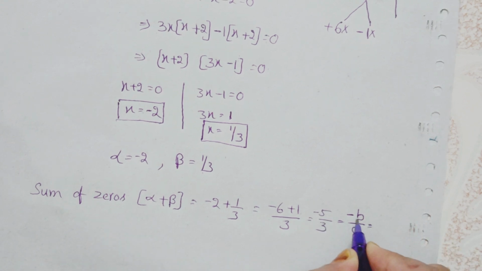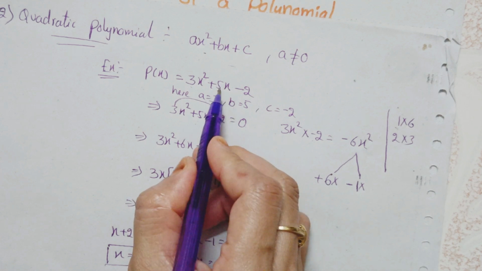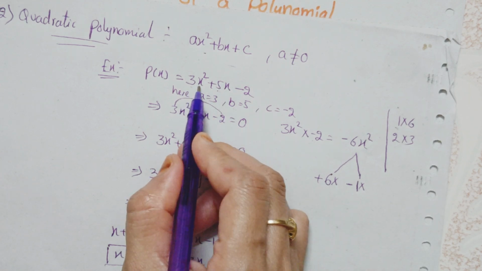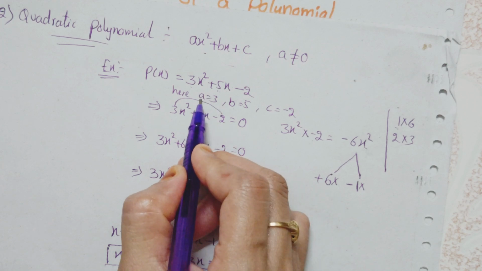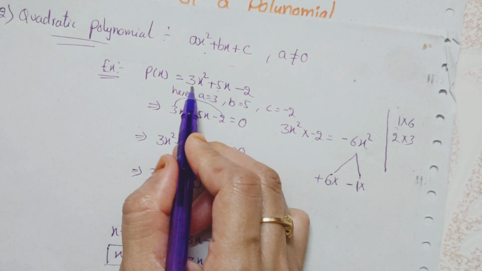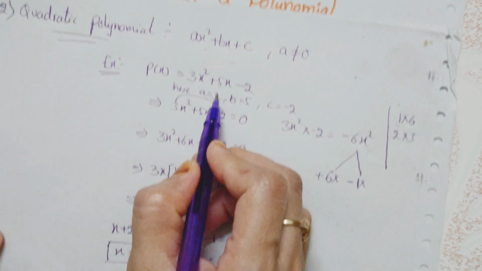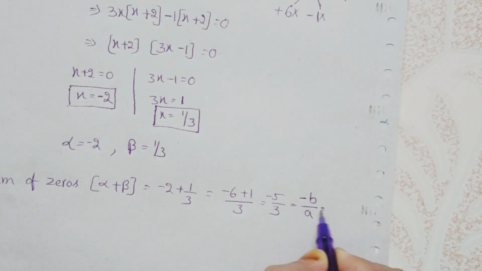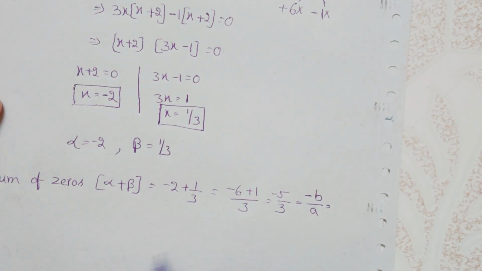So what is −b? Minus b means the coefficient of x, and a means the coefficient of x². So in the place of a and b I can write the coefficient of x² and the coefficient of x. I don't have space here, so I will write it down here.